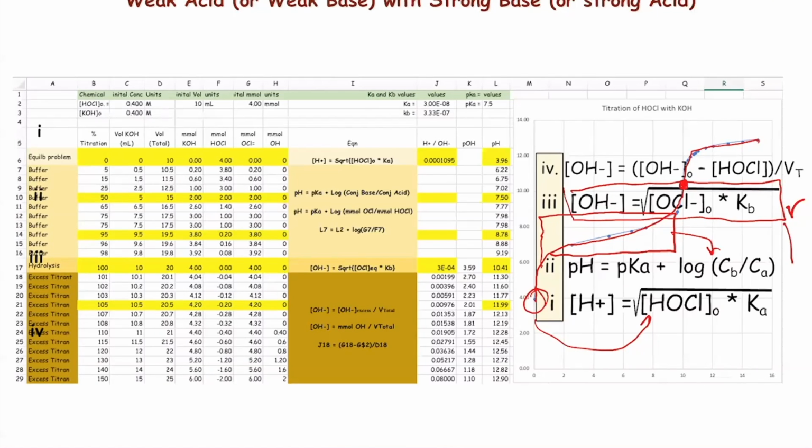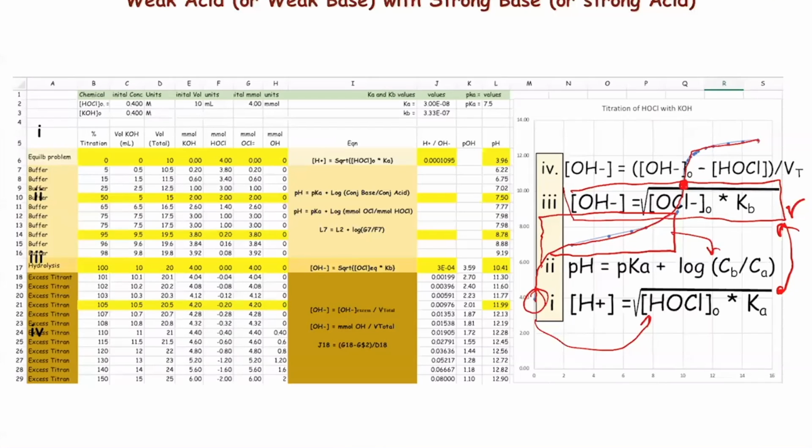Notice that these 2 equations look very near identical. But one's for hydronium, the other's hydroxide, because at the equivalence point, you've converted all the acid to its conjugate, and now the solution will be basic. Yes, the solution will be above pH 7 in this particular case.